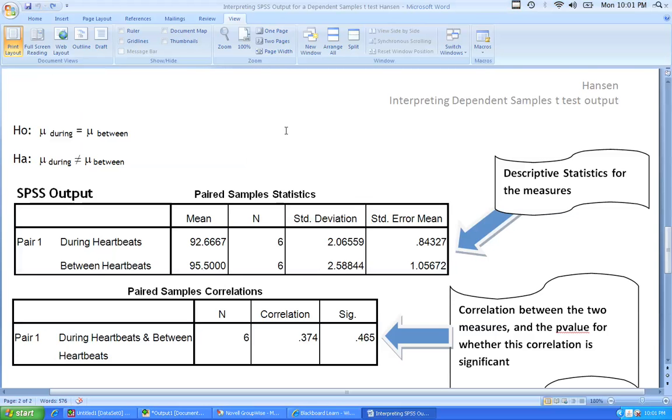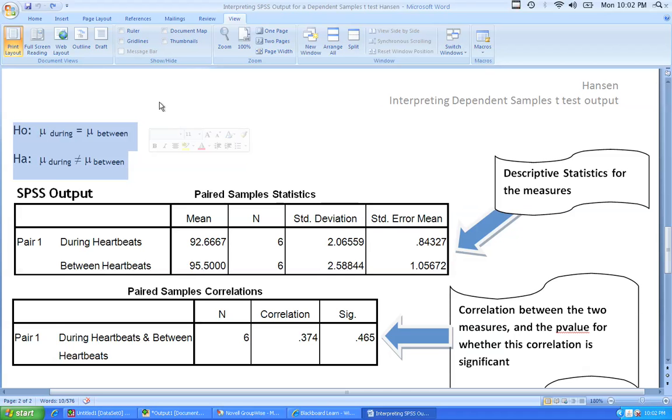Whenever you run any test in SPSS, you should have the null and alternative hypothesis specified. This output is from the dependent samples example that was utilized when showing how to generate SPSS output.